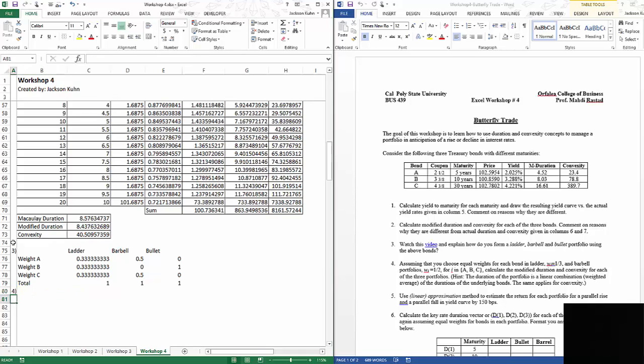For question number 4, now that we have our weights, we're going to calculate duration and convexity for each of these.